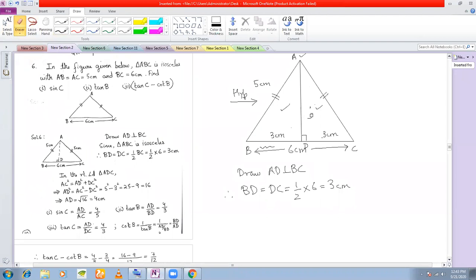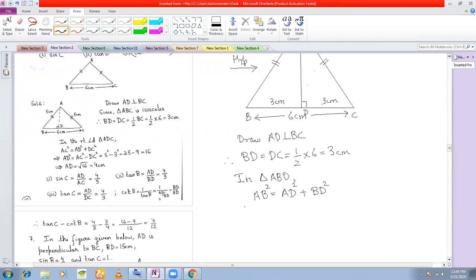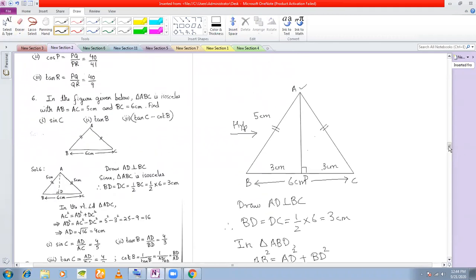So from Pythagoras theorem, in triangle ABD, hypotenuse square AB square is equal to perpendicular square AD square plus base square BD square. Now you put the values. The length of the hypotenuse here is given to be 5 centimeters.